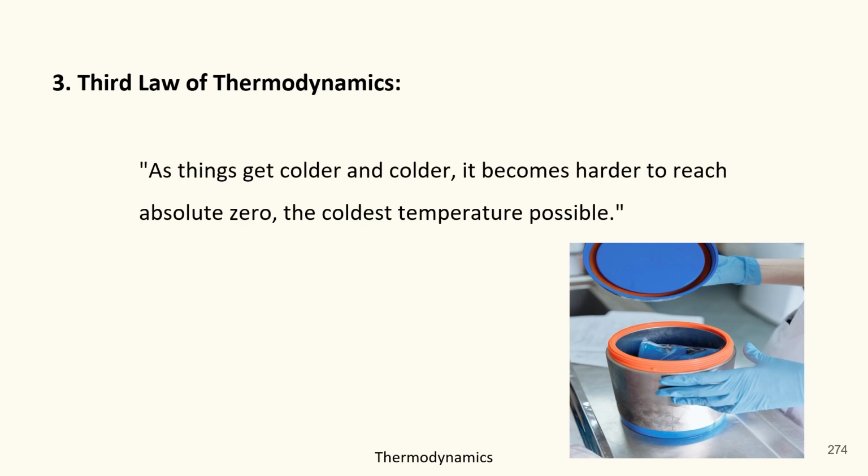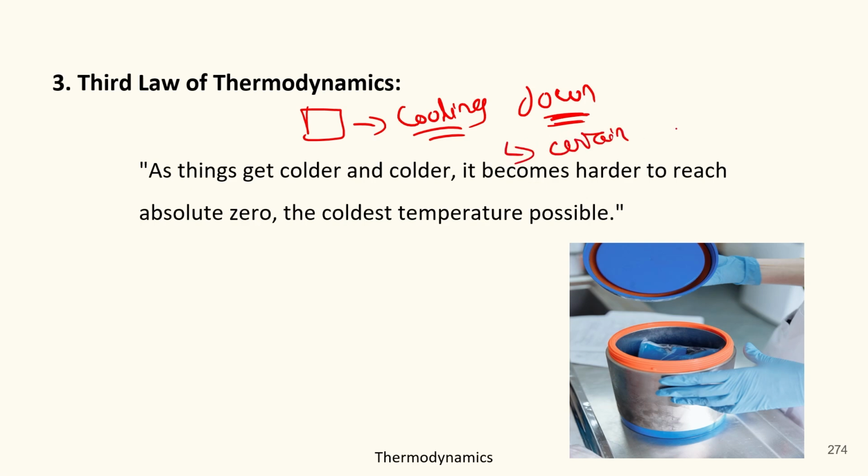Now come to the third law. As things get colder and colder, it becomes harder to reach absolute zero, the coldest temperature possible. Basically, it means that when the object starts cooling down, it could only reach up to a certain point, which we call absolute zero, the coldest temperature possible.